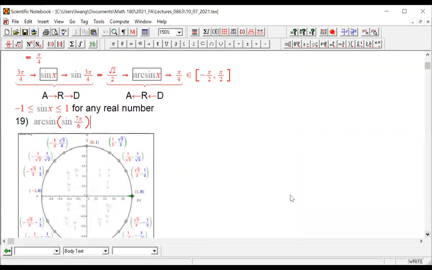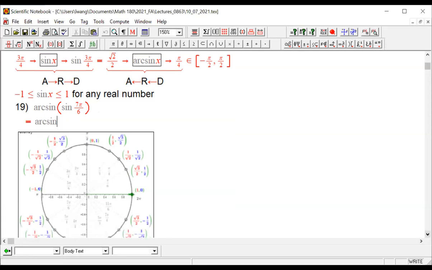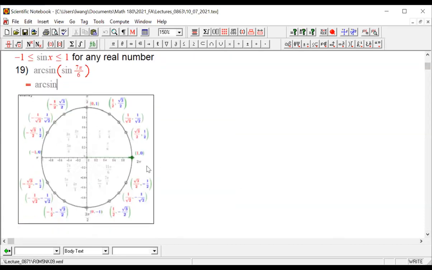If I am to do this, I will do the arc sine, so ARD. You can do this mentally. I'm not saying you cannot do this mentally, but because I'm teaching in class, I cannot do it mentally. I have to show it to you because I'm supposed to be helping you, right?